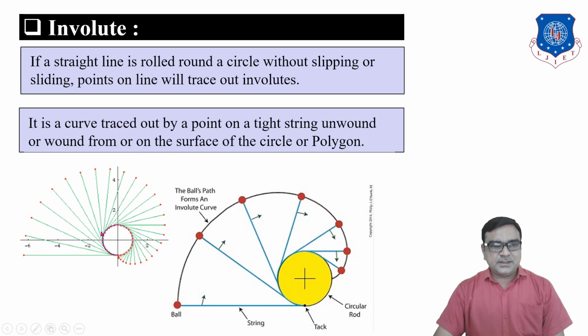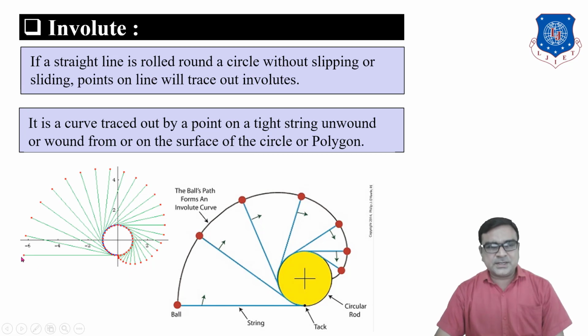Suppose this is my circle and here is one straight line, or you can say one string. Now pick up this end and fix it at the circle circumference, and if we wind the string around the surface of the circle, the end point goes through different points like this, and after one revolution suppose it is here.